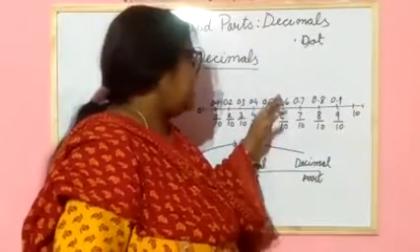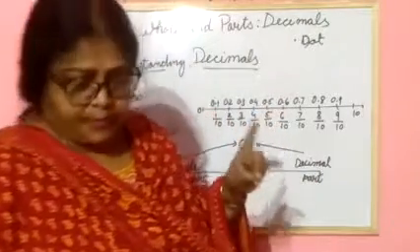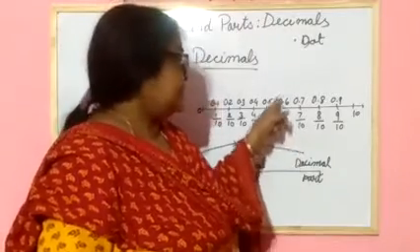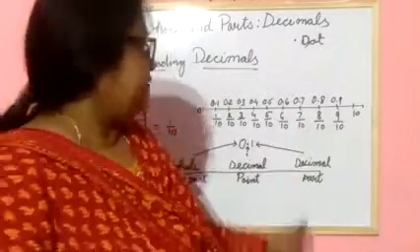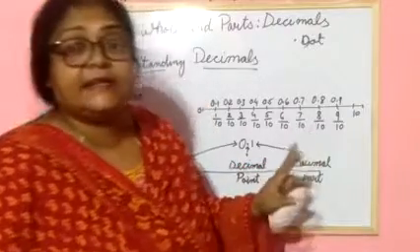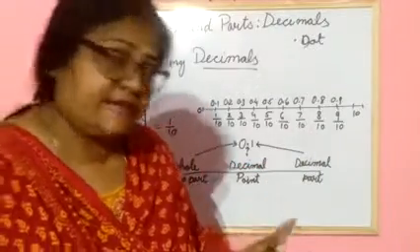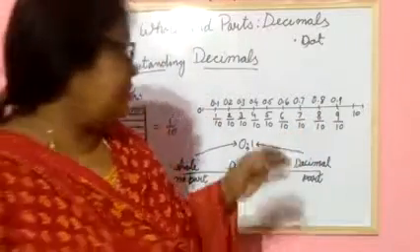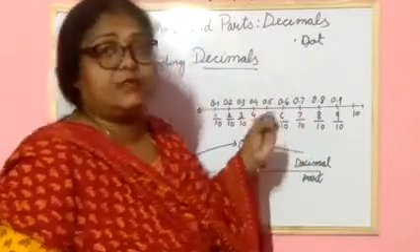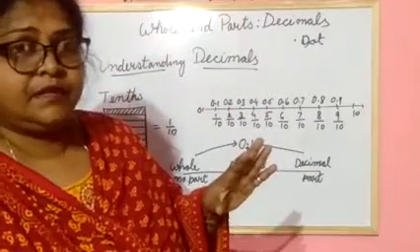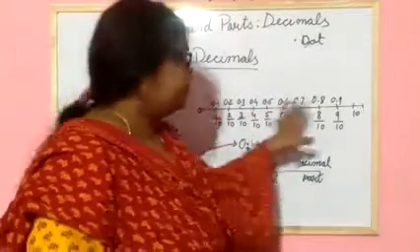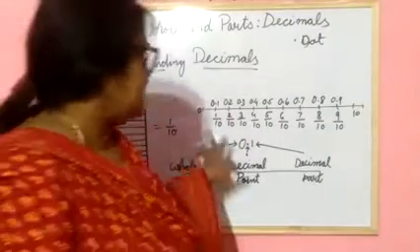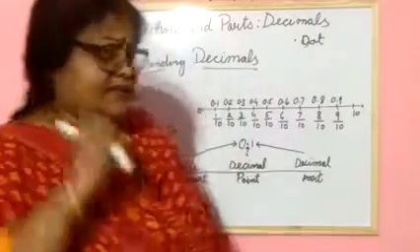If it is 5 by 10? 0.5. If it is 6 by 10? 0.6. And if it is 7 by 10, you will write 0.7. If it is 8 by 10, 0.8. If it is 9 by 10, you will write 0.9. Understood? In this way, you can represent it in decimal.